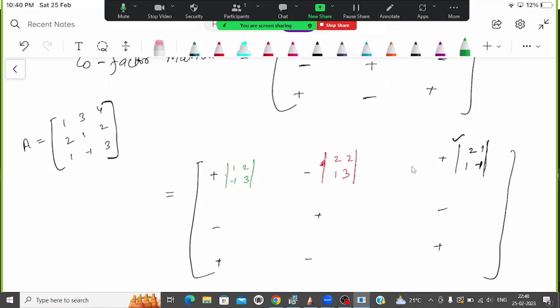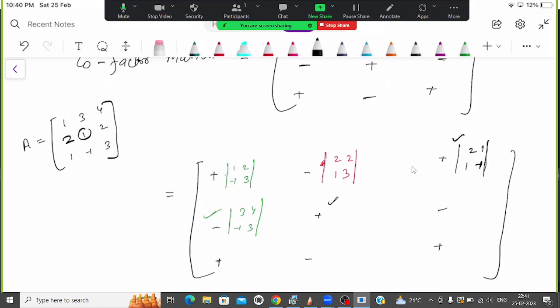Now you are here. So hide this row, this column, and write the remaining elements 3 4, minus 1 3. Similarly, you are here.